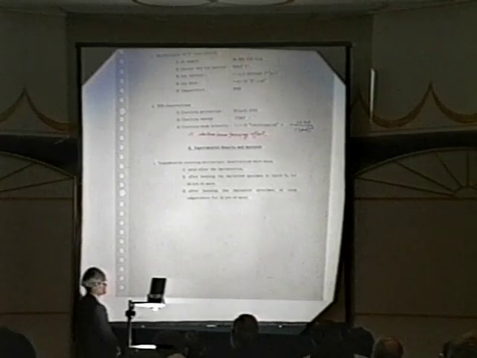Secondly, experimental results and analysis. First of all, transmission electron microscope observation was done on 3 kinds of specimens. First, soon after the implantation, maybe in 20 minutes or so at room temperature, we observed this specimen in the electron microscope.